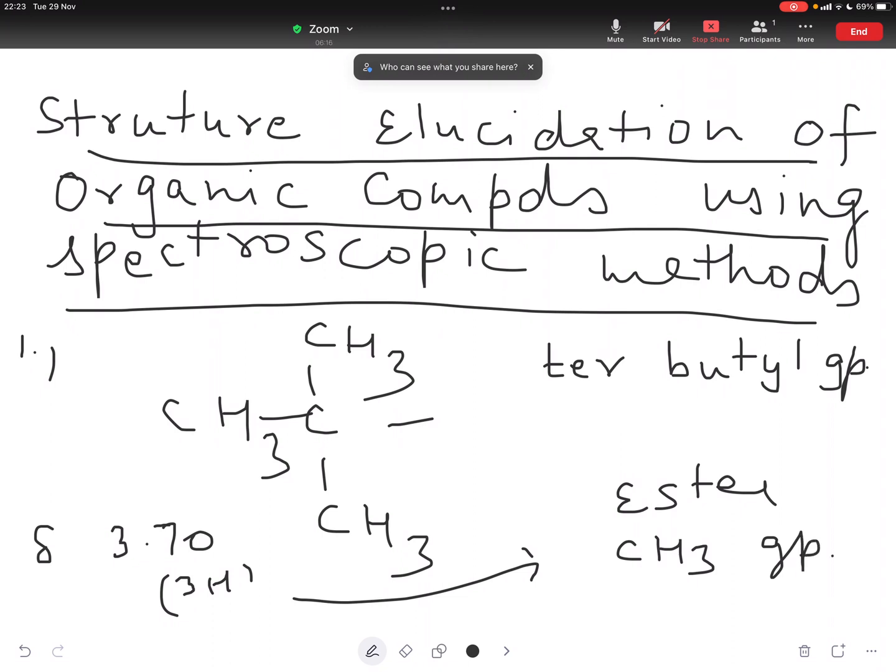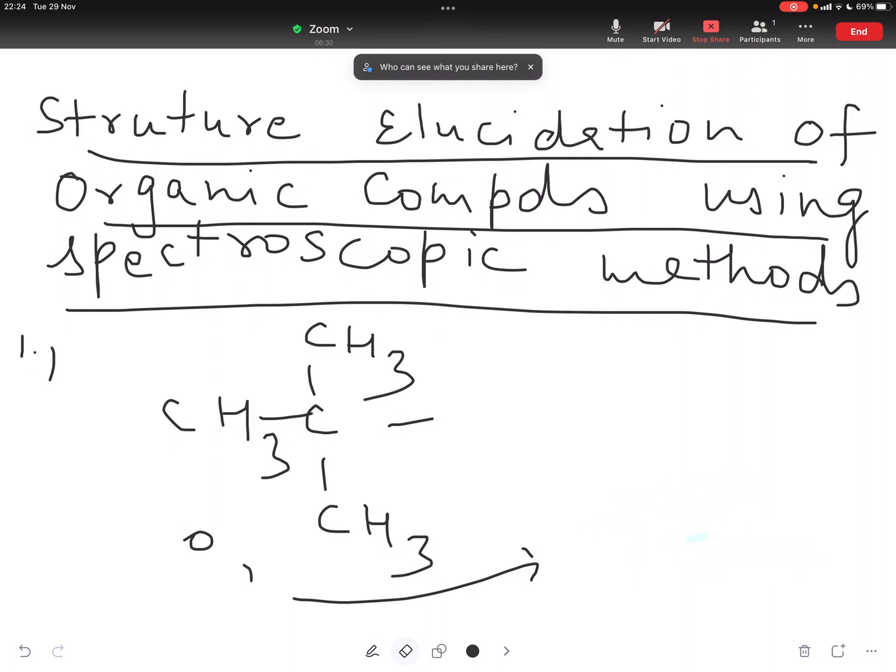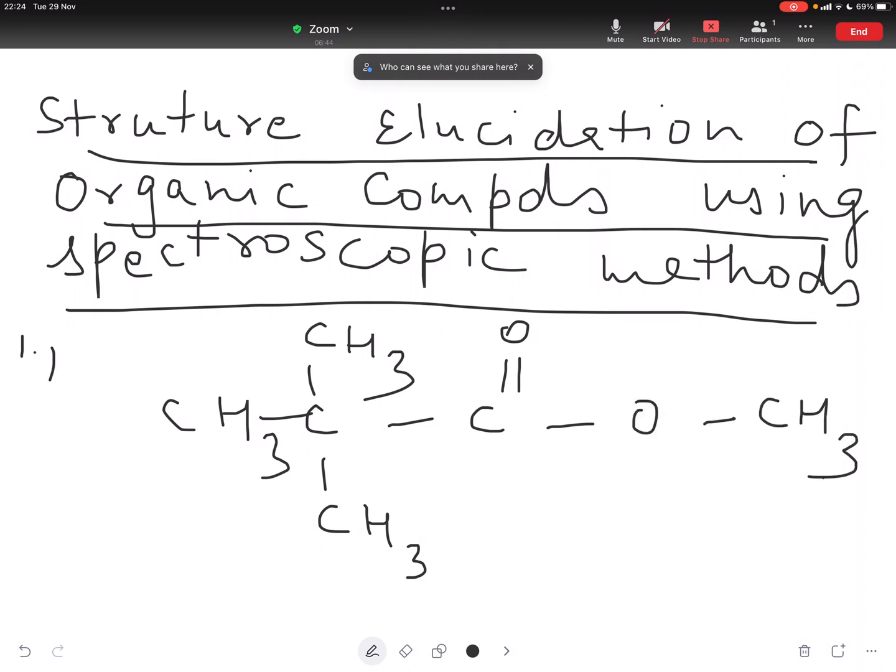So the possible structure of the given compound is this. So this is how the structure is solved.